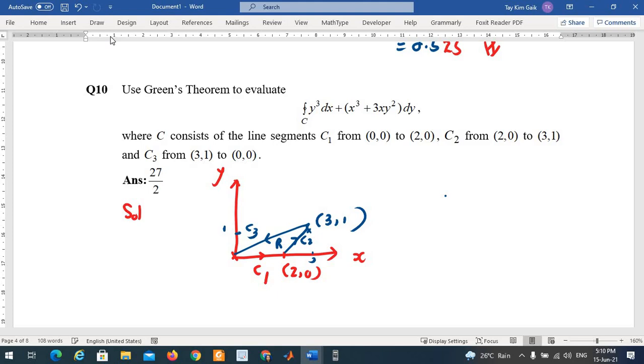This question has C1 along the x-axis, C2 from 2, 0 to 3, 1, C3 from 3, 1 to 0, 0. The challenging part is how to obtain the equations here.